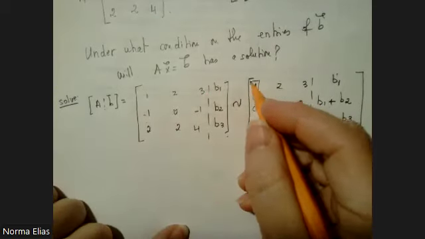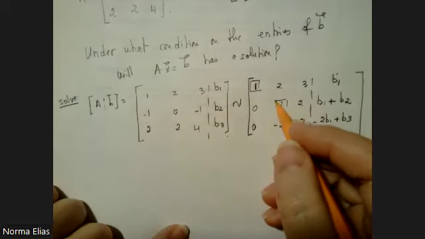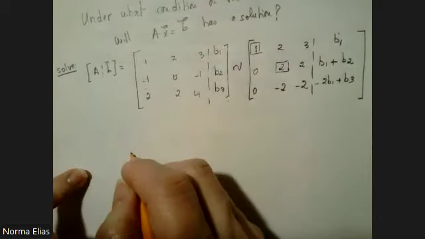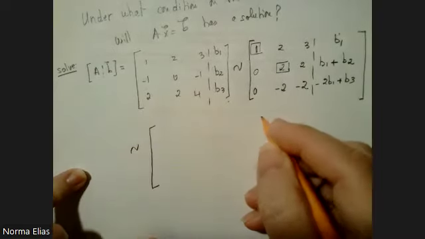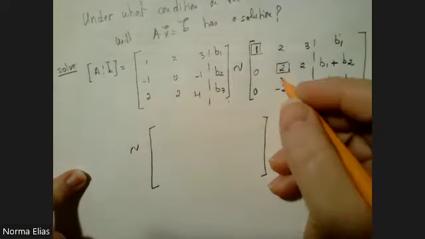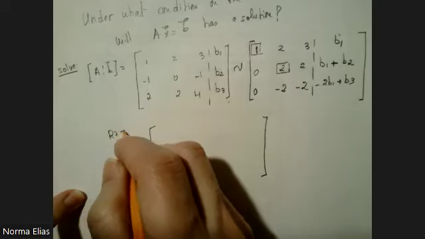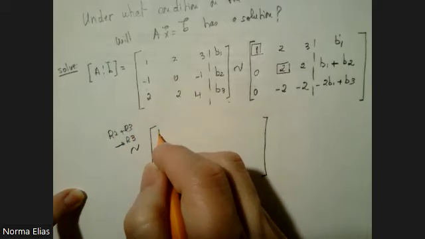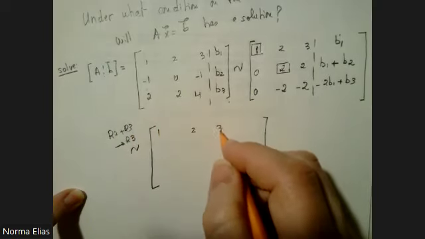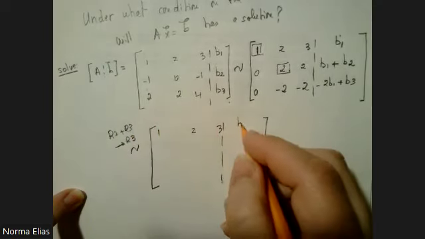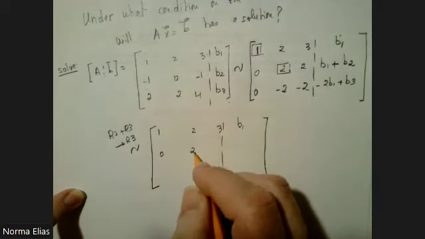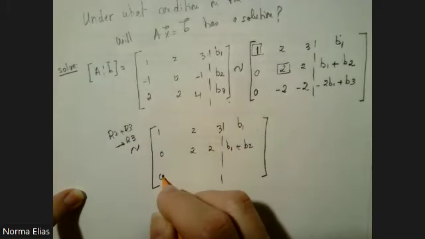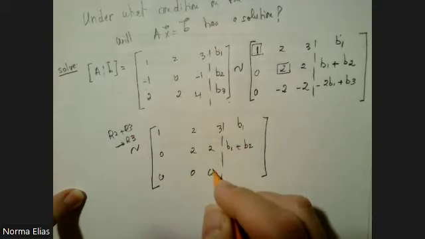As I said, we hit the echelon form and then we produce. So we haven't hit the echelon form yet. So one more step, I think. So I'm going to add row 2 to row 3. And then I will have 1, 2, 3, that's my B1, 0, 2, 2, B1 plus B2, 0, 0, 0.